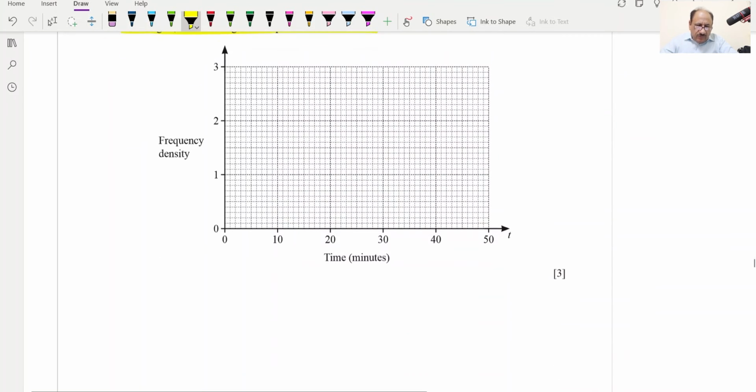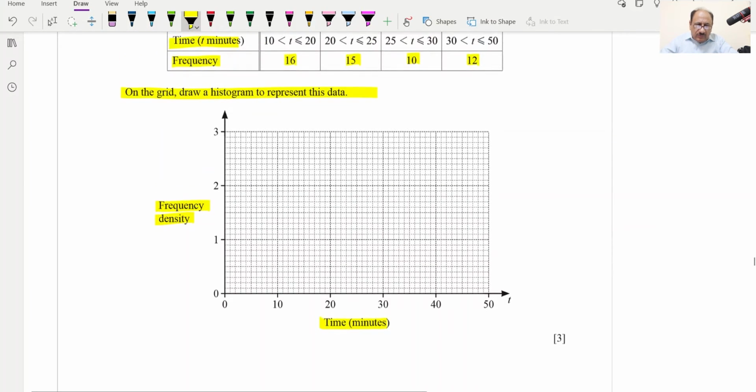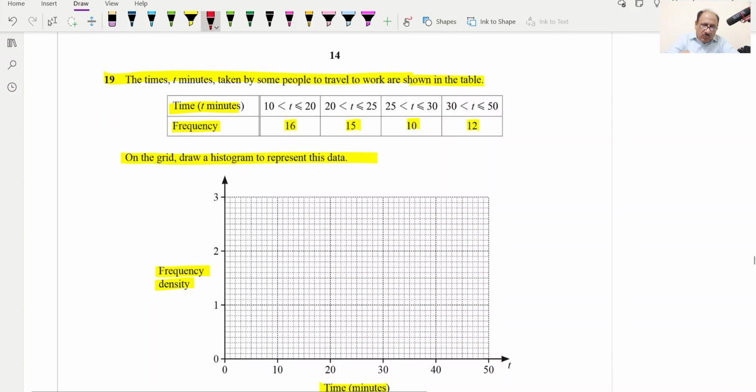A histogram is always between frequency density and time. So frequency is provided, which we cannot draw directly. Frequency density is what? Frequency density is frequency divided by class width. So this will be the formula which we'll be using to find frequency density.